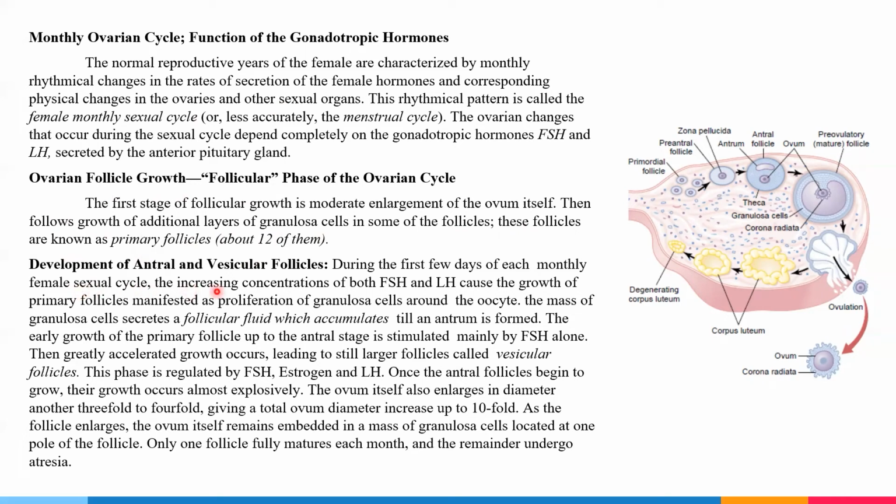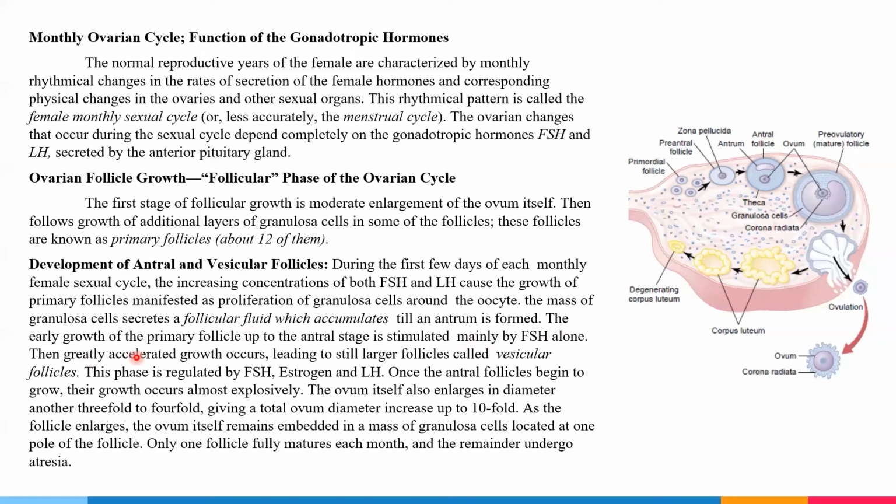Development of antral and vesicular follicles. During the first few days of each monthly female sexual cycle, the increasing concentration of both FSH and LH causes the growth of primary follicles, manifested as proliferation of granulosa cells around the oocyte. The mass of the granulosa cells secretes a follicular fluid which accumulates till an antrum is formed.